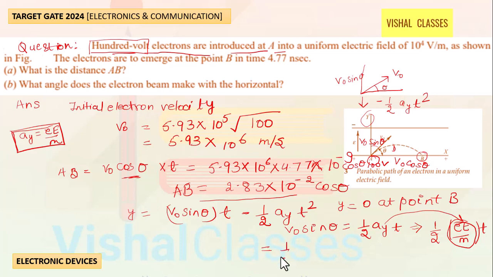The electron E by m ratio is 1.76 into 10 raised to power 11. E is 1.6 into 10 raised to power minus 19, and the mass of electron is 9.1 into 10 raised to power minus 31 kg.